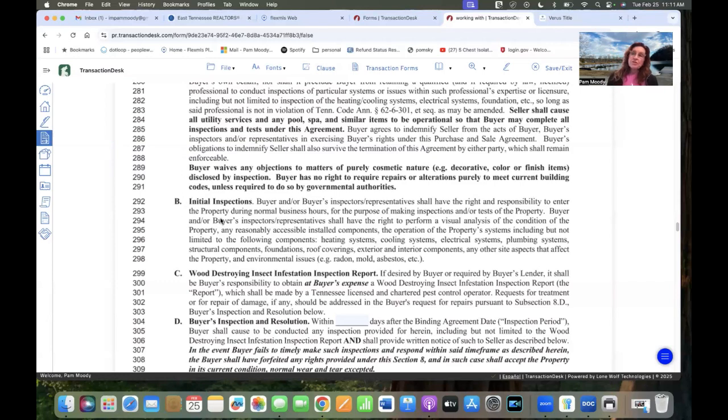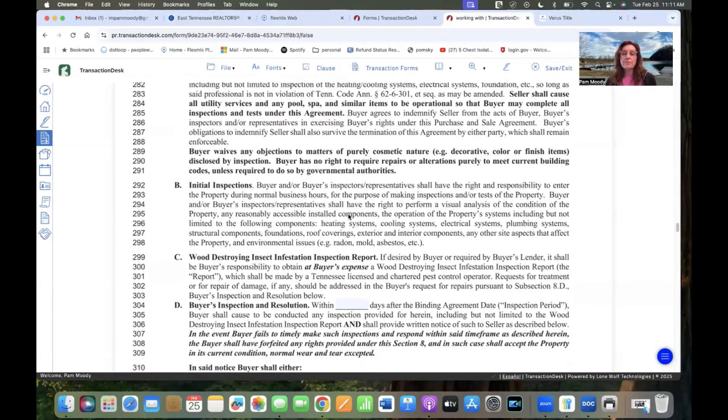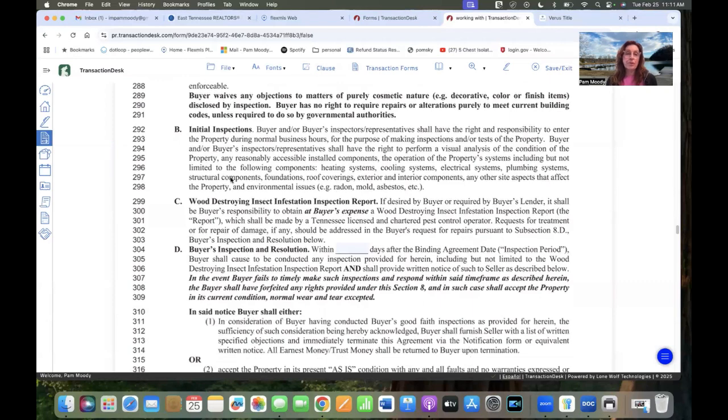Initial inspections. This is really important because of all the inspections that you're going to make. Buyer and/or buyer's inspectors and representatives shall have the right and responsibility to enter the property during normal business hours for the purpose of making inspections and/or tests of the property.